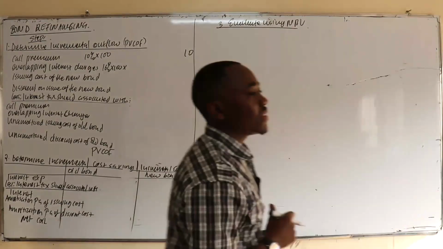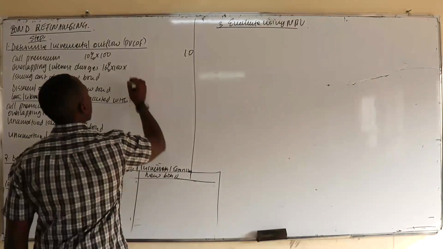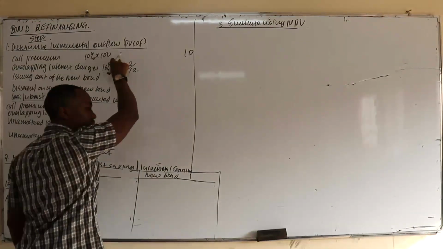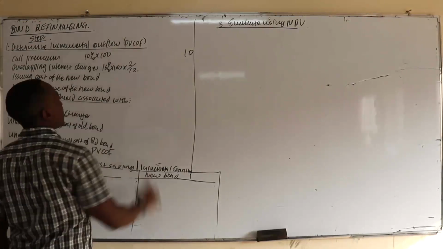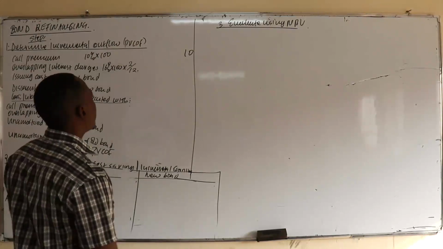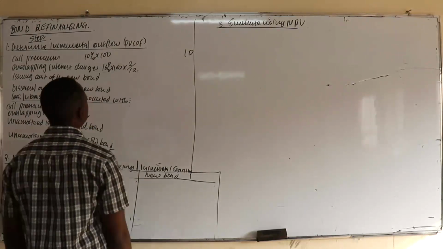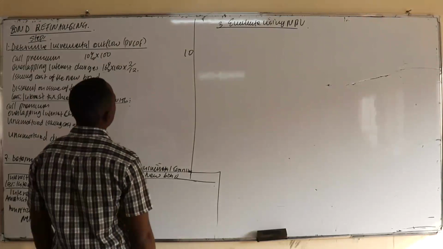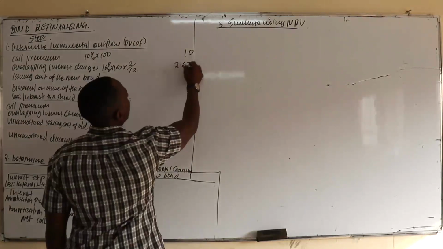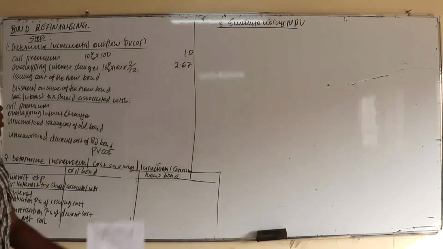Are you together? So you'll take 2 over 12. You take 16%, you multiply by the par value of the old bond, then you multiply by the duration. You just take 16, 2 over 12. You're getting 2.67.